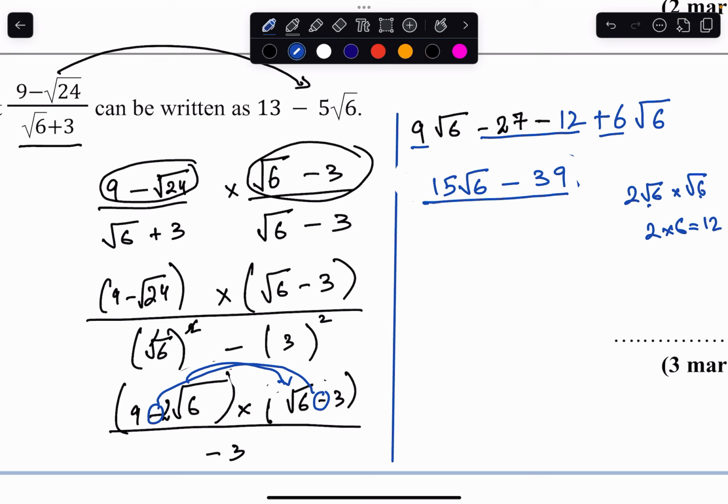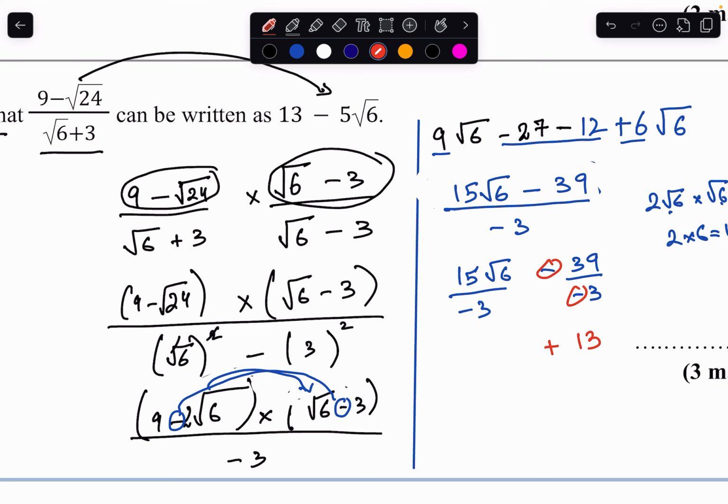Now what we do, we divide it by negative 3. Since we are dividing, we can write 15 root 6 minus 39, and this is minus 3 and this is minus 3 also. I deliberately do this style so that I can show you if you get stuck with this. Minus and minus makes plus in division also. 39 divided by 3 is 13.